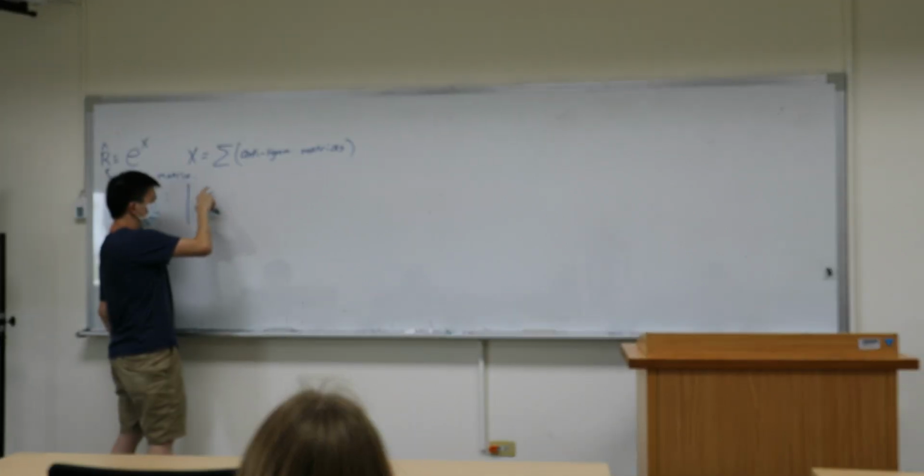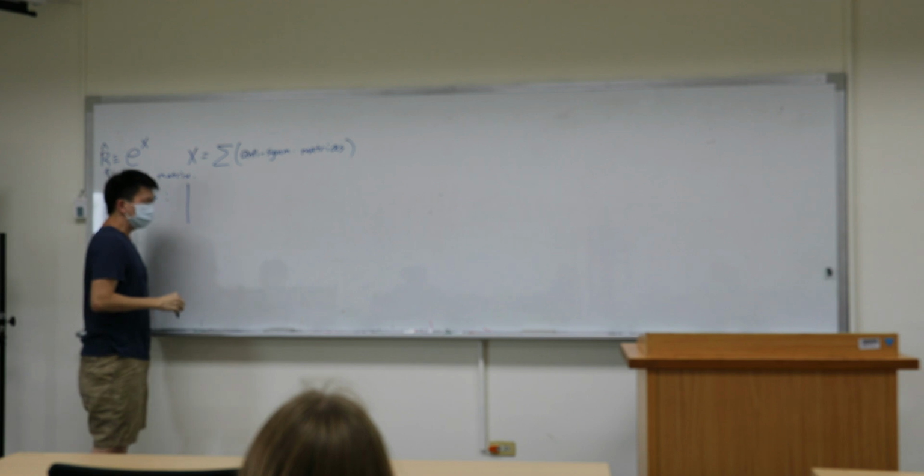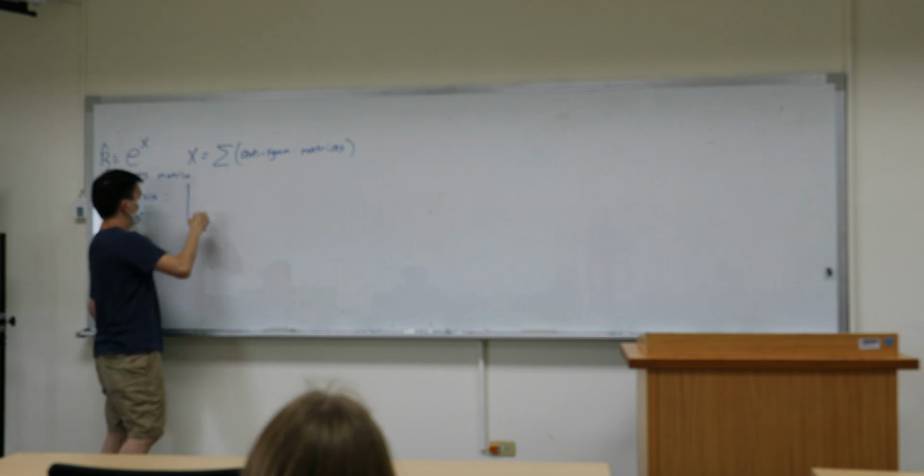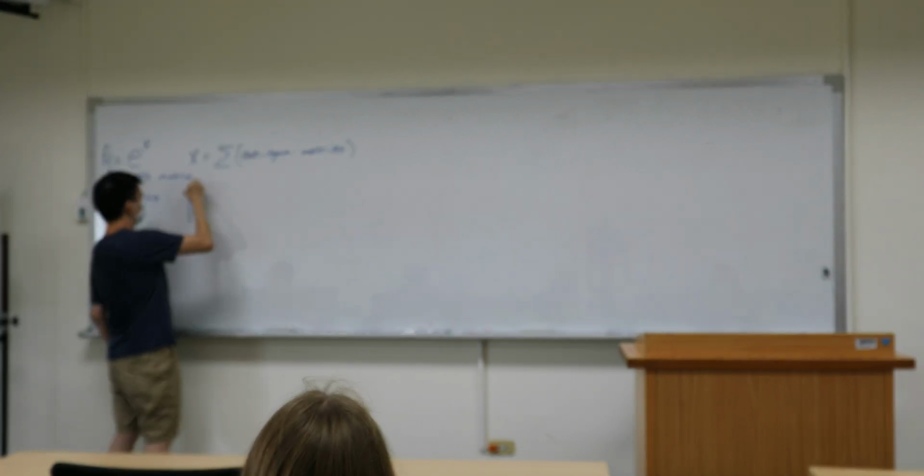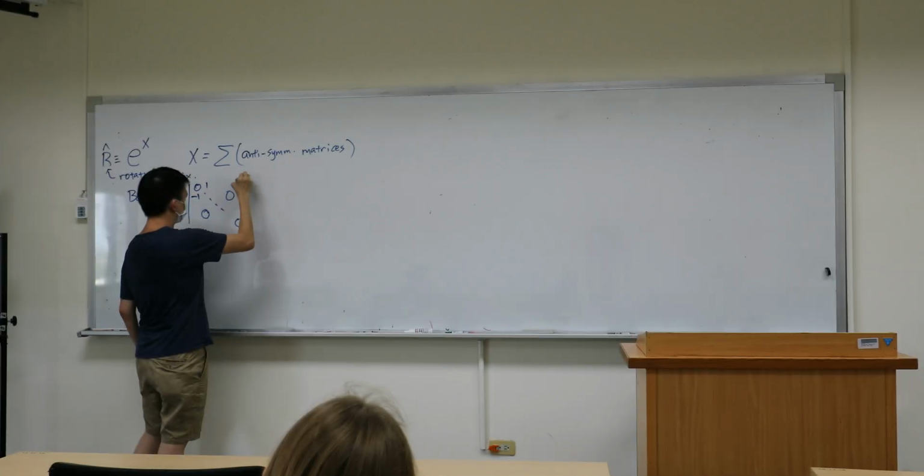can be written down by just enumerating the independent non-zero components in the upper triangular part of the matrix. It's 0 on the diagonals, so if you pick 1 on the first entry, this would be -1, and everyone else would be 0.